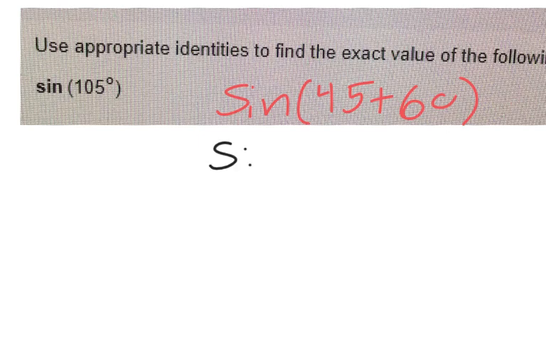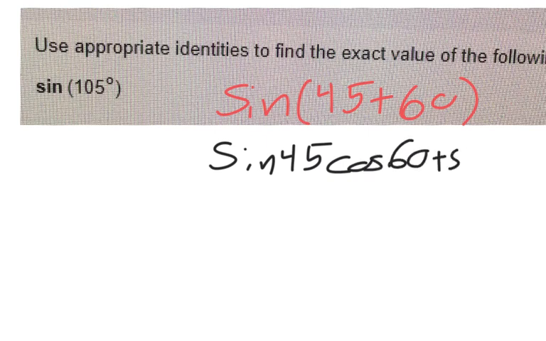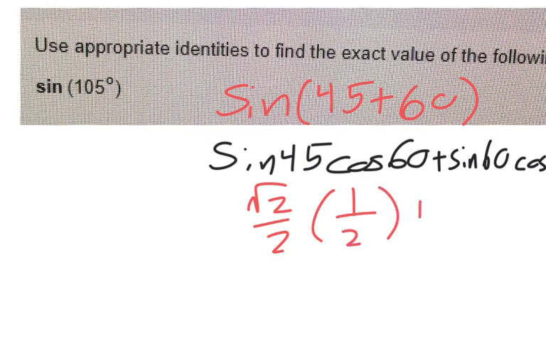So then this is sine of 45 cosine of 60 plus sine of 60 cosine of 45. I mean, this is literally the exact same as the last problem we worked. This is radical 2 over 2 times 1 over 2 plus radical 3 over 2 times radical 2 over 2. I'll stop right there. But like I said, it's a sum of angles again, just like the previous.